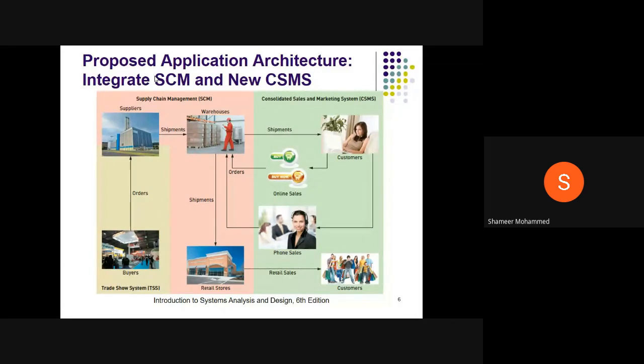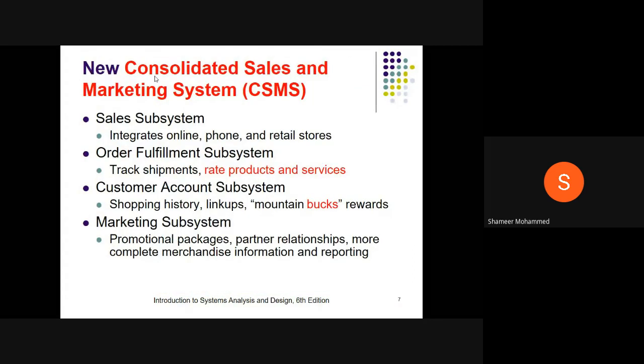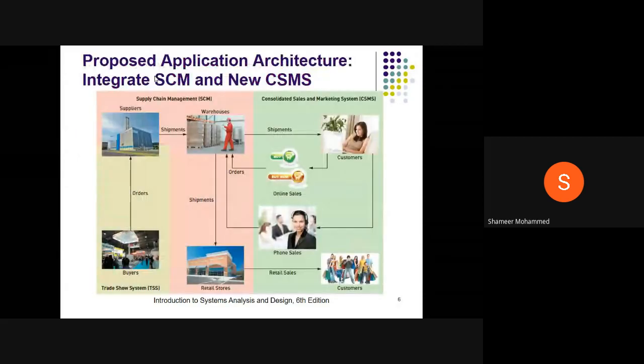Like this. This is the new system, the consolidated new system. Earlier, this is the supply chain system, which handles the supplying of items to this company. This is a warehouse. Shipments will come here. Buyers will put orders to the supplier, and they supply the items here.